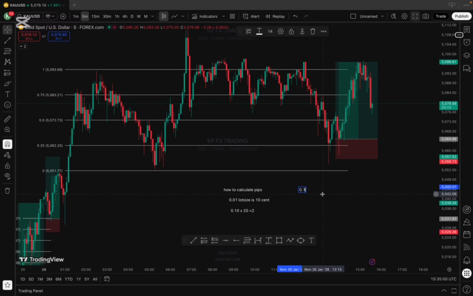You are using 0.1 lot size now. That simply means you have to calculate, 0.01 lot size now is $1, right? So 0.1 lot size is 1.